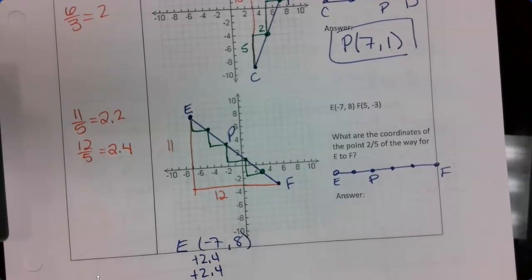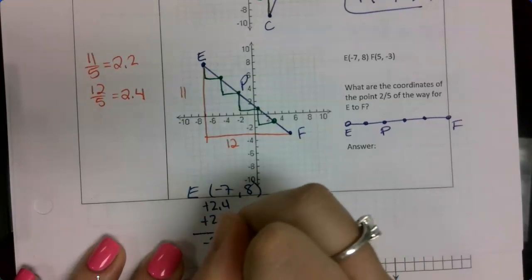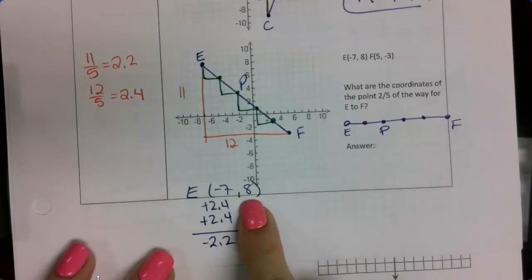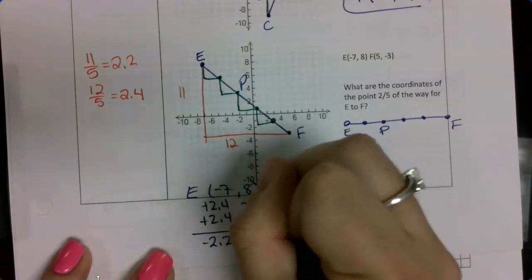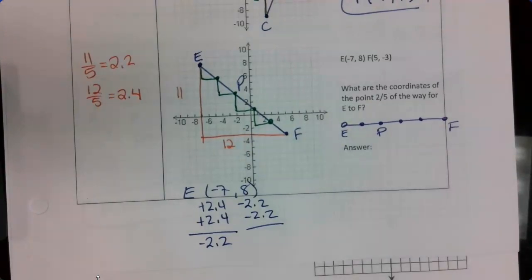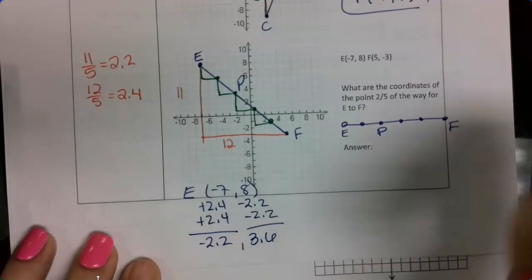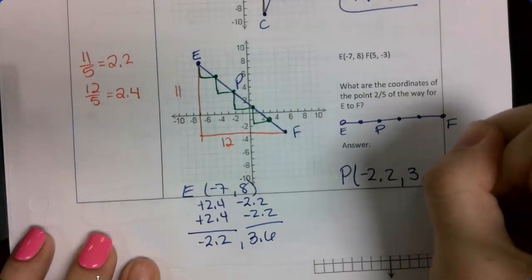So what's negative 7 plus 2.4 plus 2.4? Negative 2.2, right? Okay. And then for my y value, I was going down 2.2, so I want to subtract 2.2 twice. So my coordinate point here for P is negative 2.2, comma 3.6.